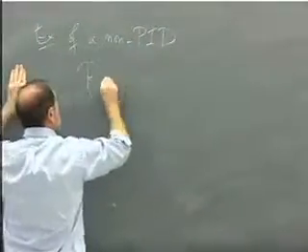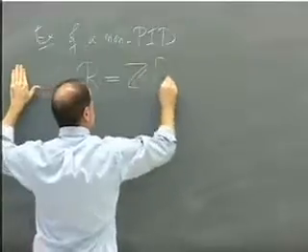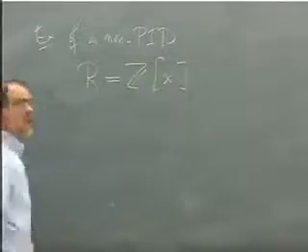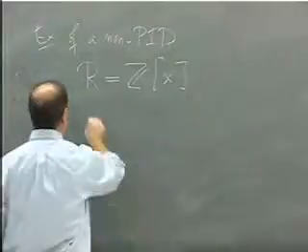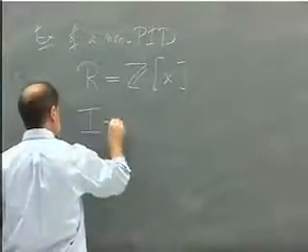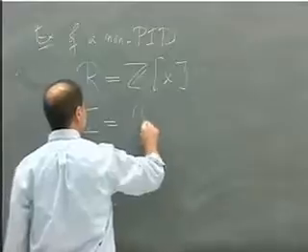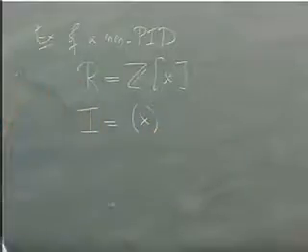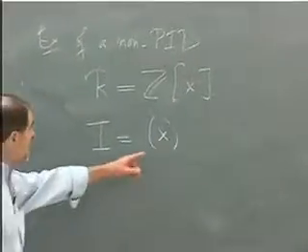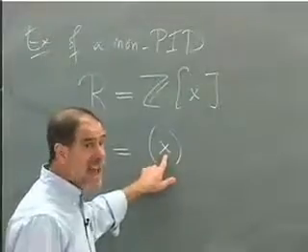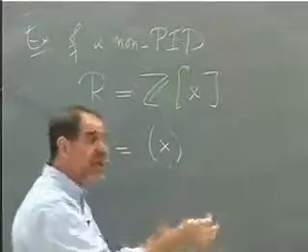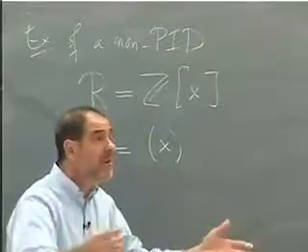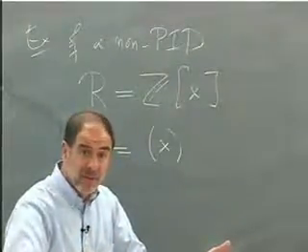Namely, take the ring R to be polynomials in a variable over the integers. Now, take the ideal I to be the principal ideal generated by X. Now, this is a prime element. You can't factor X. I mean, it would have to be a polynomial of less degree, and if it was less the degree than that, it would be a constant, right?